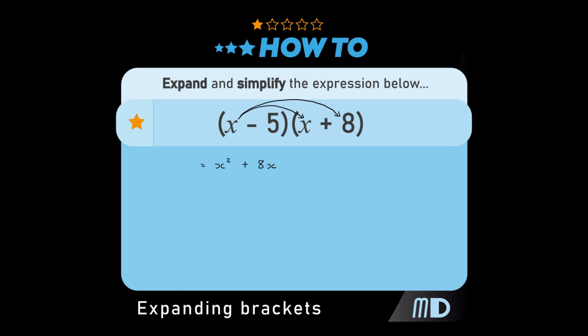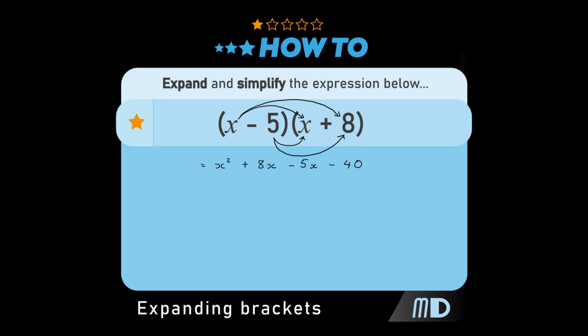Then we multiply minus 5 by each term in the second bracket. So minus 5 multiplied by x is minus 5x, and minus 5 multiplied by 8 is minus 40.